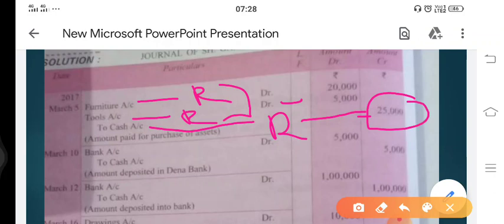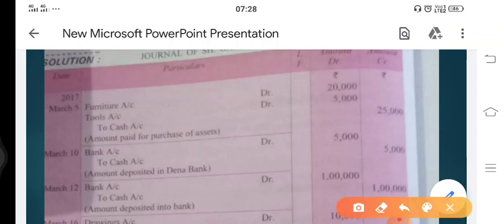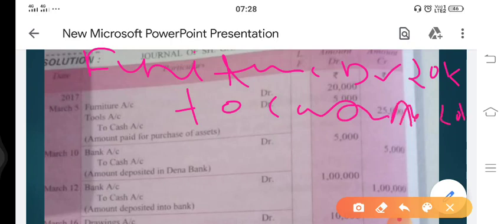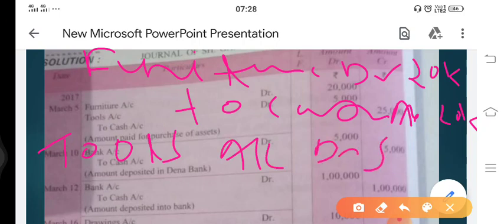For this you could have passed single entries also. Let's see how. Since furniture is coming into the business, you could have written the journal entry: furniture account debit 20,000 to cash account 20,000. At the same time, you are getting tools, so you could have passed another journal entry: tools account debit 5,000 to cash account 5,000.